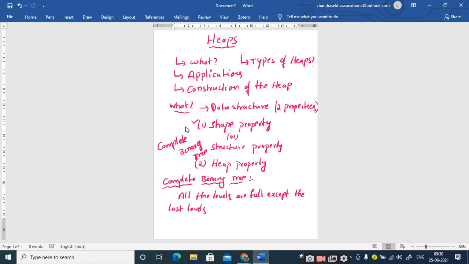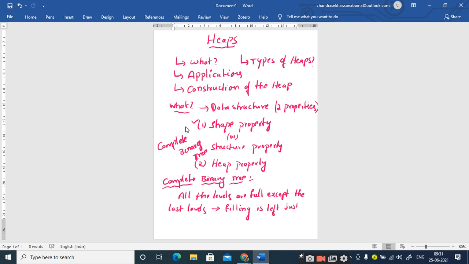Listen carefully. Until the last but one level, everything is full, but the last level may or may not be full. But when you are filling the last level, one important property you should remember is that the filling of the last level should be left justified.